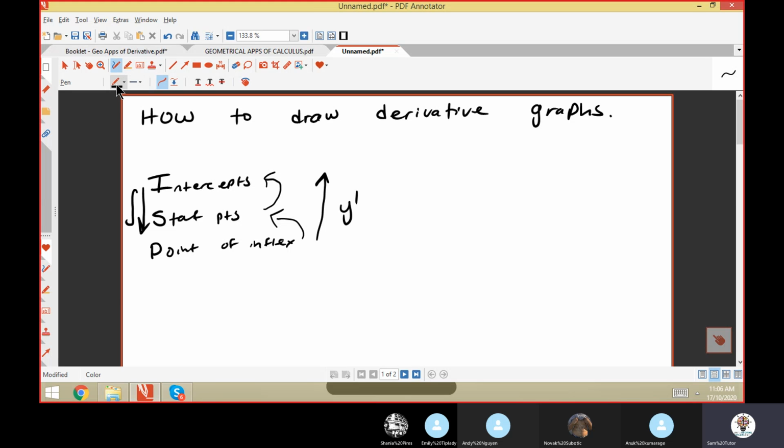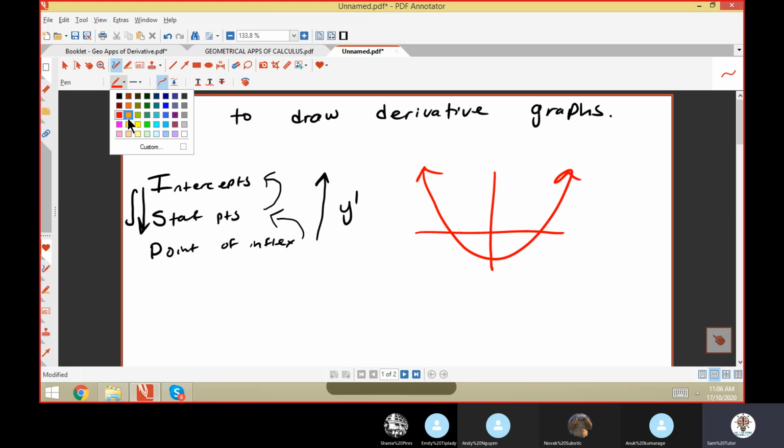All right, let's start with the basic one. Obviously, what kind of graph is this? It's a parabola, which means we know that the derivative of this should be a line of some sort. Let's see if it's true. Point of inflection. Do we have any points of inflection here?